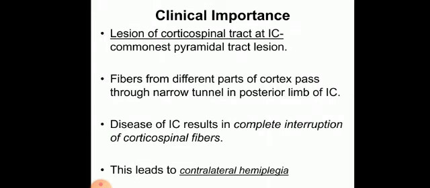However, a lesion of the corticospinal tract at the level of the internal capsule, which you call a capsular lesion, is the commonest pyramidal tract lesion. Please keep this in mind.